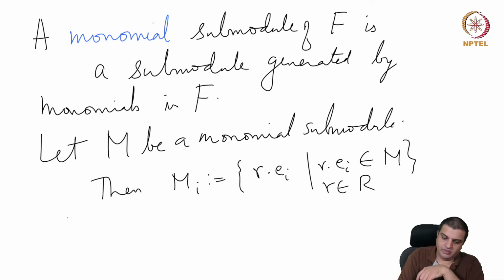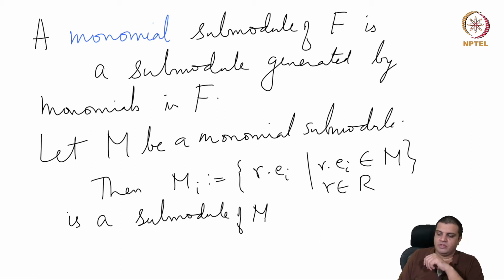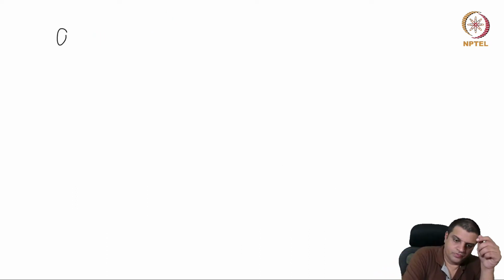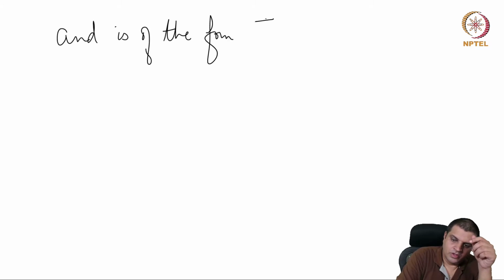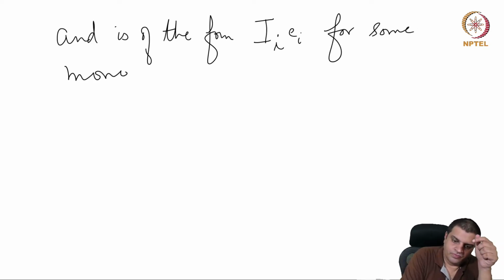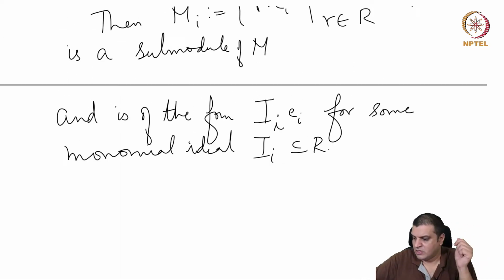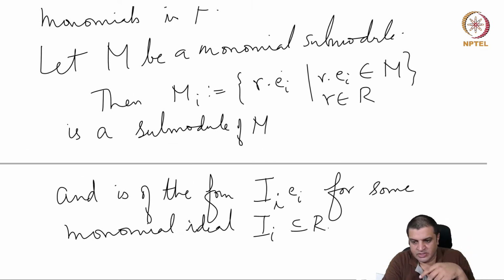But a fixed i is, of course, a submodule of M, and is of the form I_i times e_i for some monomial ideal I_i inside R. Okay, that is because we take a generating set for M which involves monomials.